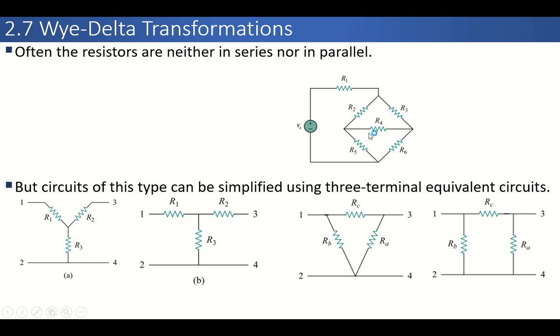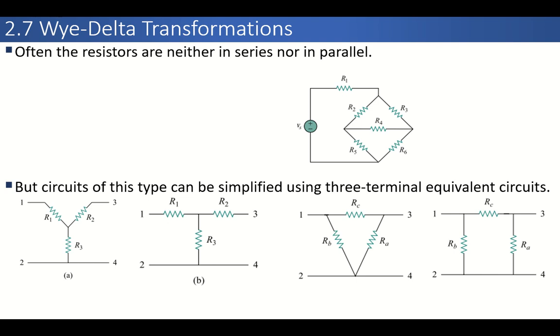Just like here, we have a delta network, R4, R6 and R5. These three elements form a delta network. So we can convert that network into its equivalent Y network, and then we can simplify the resulting network using series-parallel combinations.